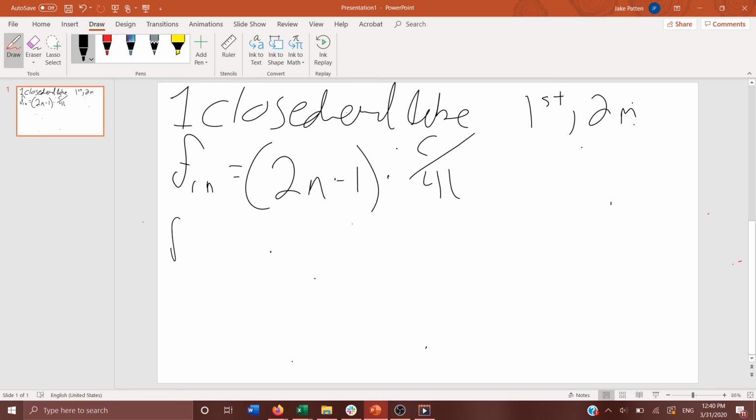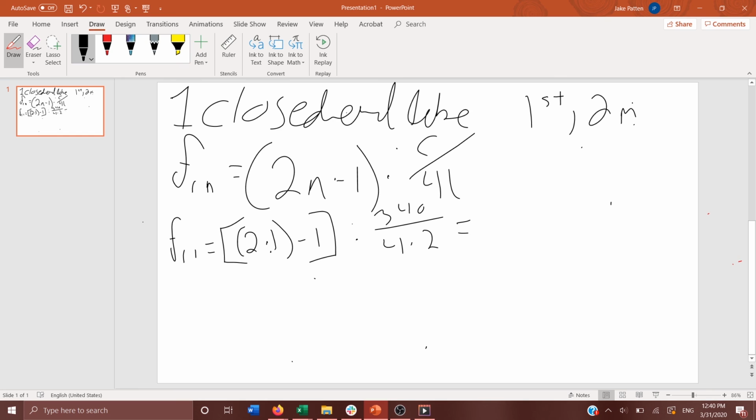So let's rewrite our formula. FR1 equals, and we're going to have to add some brackets, (2 times 1 minus 1) multiplied by 340 over 4 times 2.